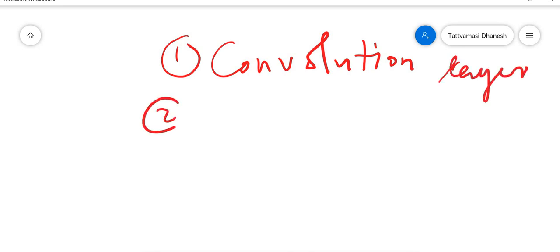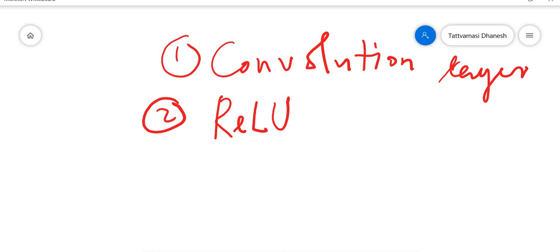The second one is known as the ReLU. You know that it is an activation function, rectified linear unit. Activation functions in neural networks impart non-linearity into the network, and they decide whether a particular node or neuron should be activated or not.